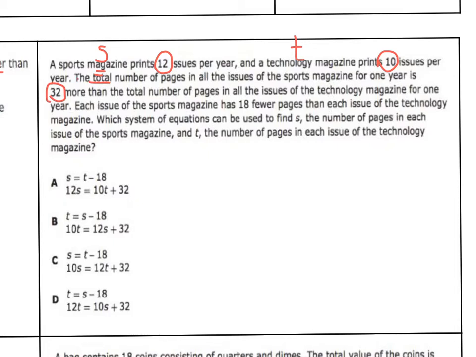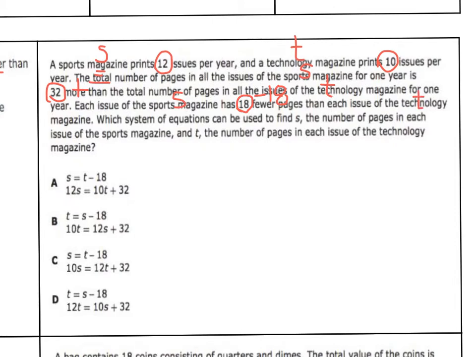Is 32 more than the total number of pages in all of the technology issues. So sports is 32 more, 32 plus the total number of pages in the technology, T, for 1 year. Each of the sports magazines has 18 fewer, so that, remember, that's minus 18, not 18 minus. Sports is S, then the technology magazine, that's our T.